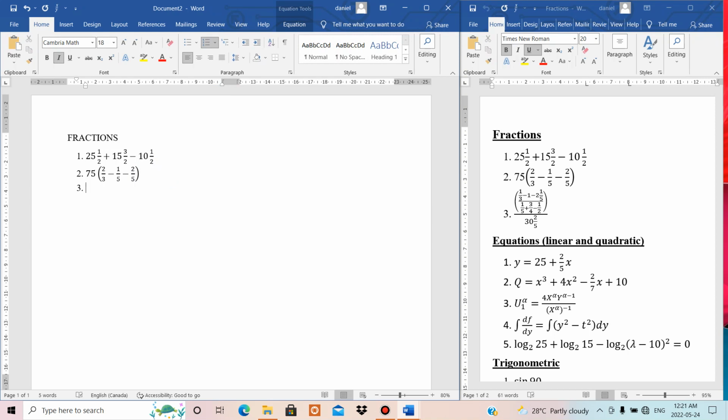Now the third expression is another fraction which contains brackets and a lot of fractions. It is very simple to type an expression like that.